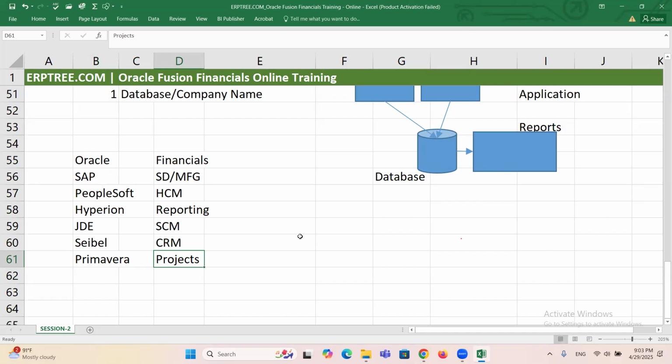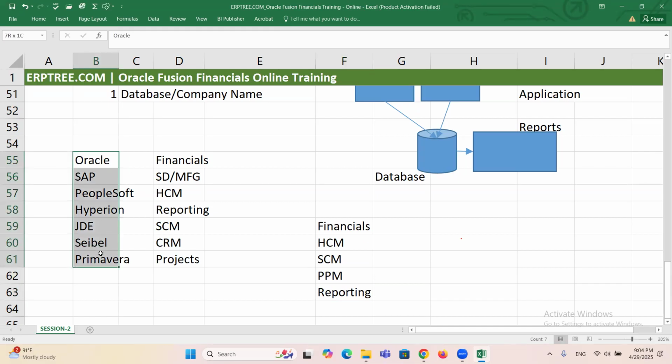As a company, if you want to use financials, HCM, SCM, PPM projects, and you need some reporting tools, etc., which product do you have to choose? You can choose Oracle Financials, SAP SD, PeopleSoft HCM, reporting from Hyperion, and CRM from Siebel.